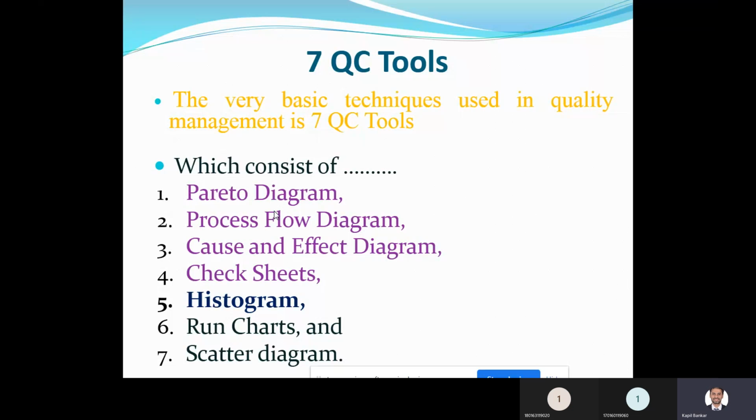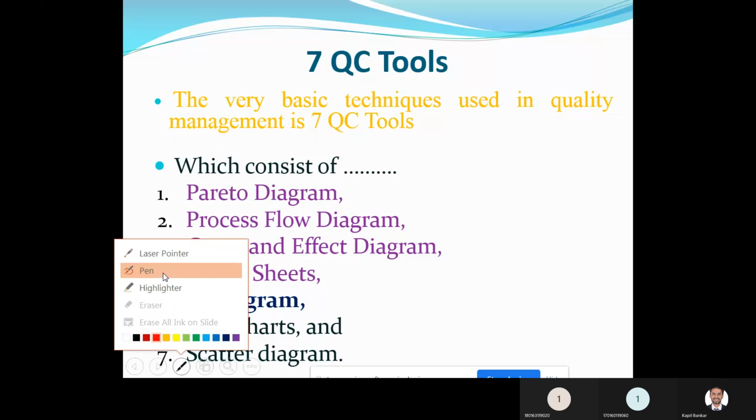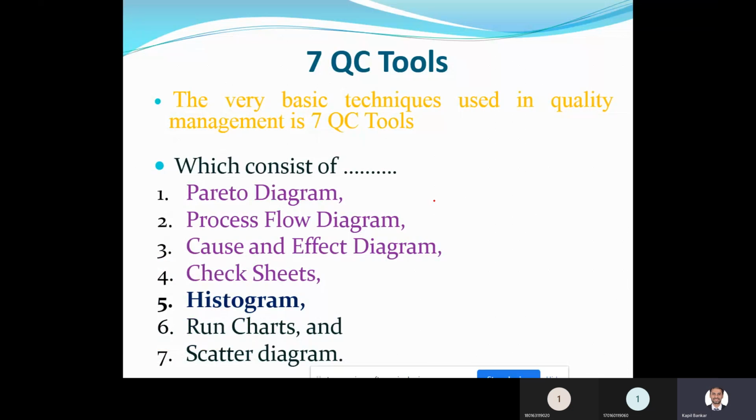Histogram is also a chart or diagram, and it resembles or looks like a Pareto diagram. But in the Pareto diagram, suppose this is your Pareto diagram. On this horizontal axis, some data are there.